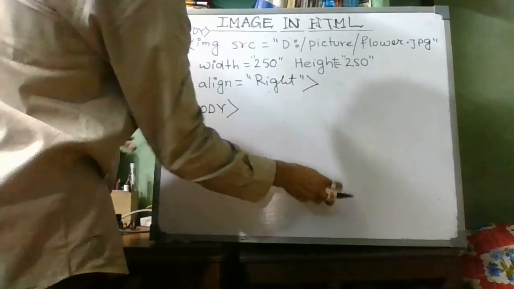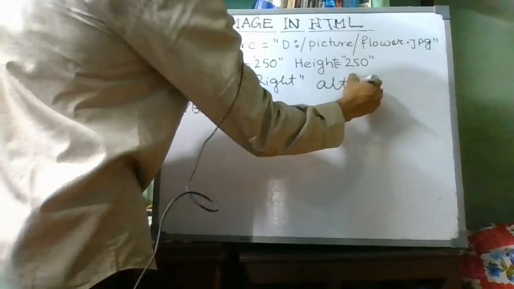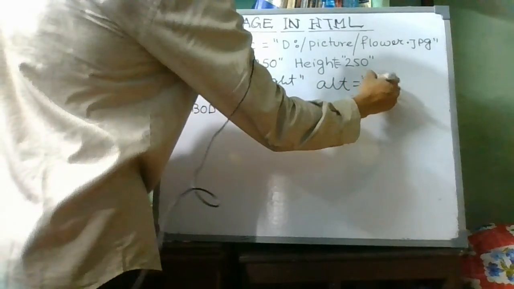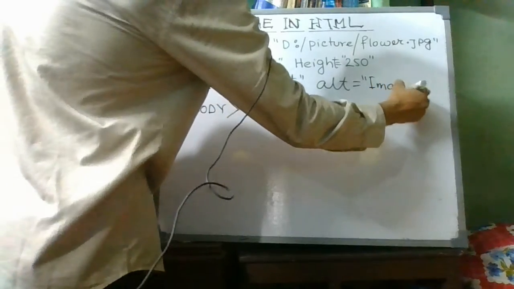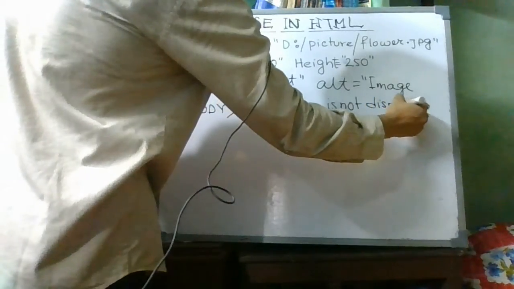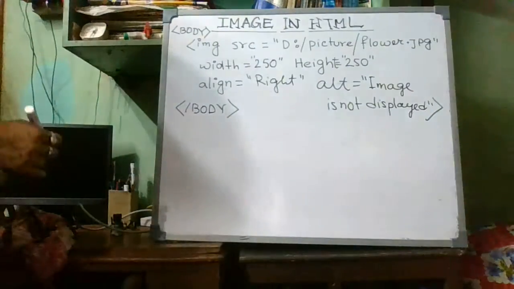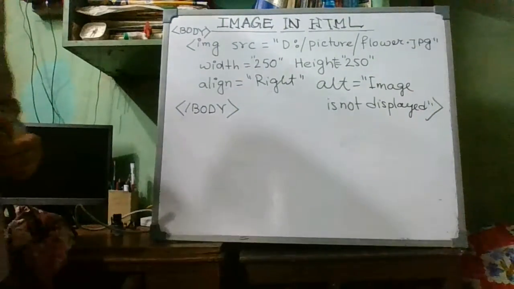Suppose here we are writing alt equal to "image is not displayed." Then you are closing the img tag.